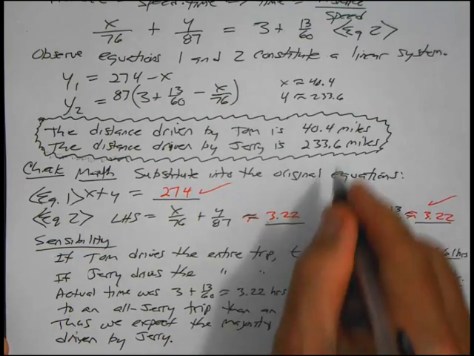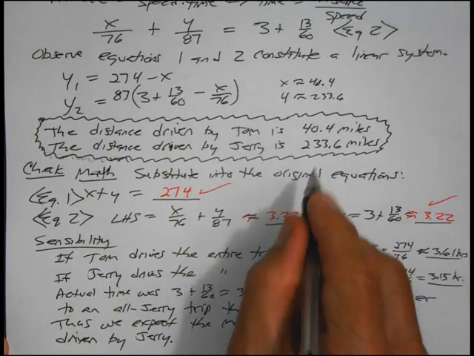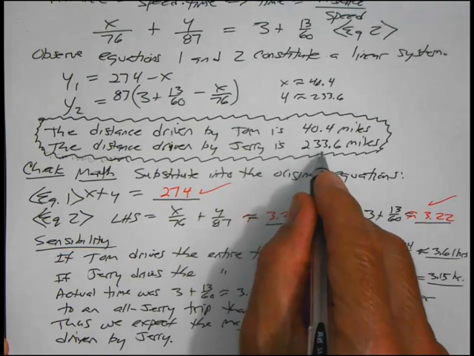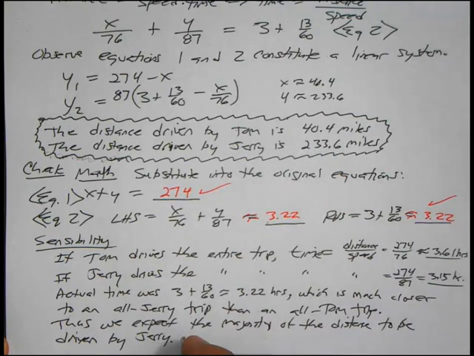And looking back at our proposed solution, 40 miles versus 234 miles for Jerry, this is indeed the case. Okay, so I think the solution now feels right, as well as passing the math check earlier.